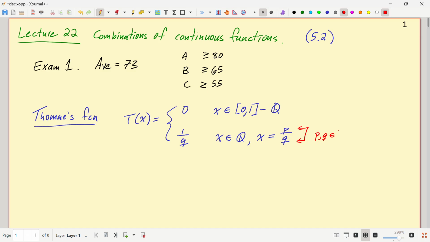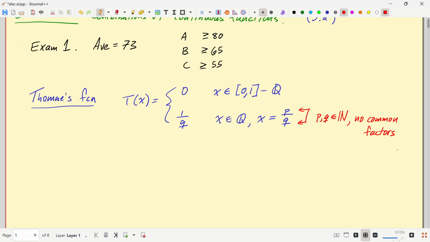So that would be natural numbers, no common factors. And of course, 0 and 1 are kind of exceptional. T of 0 is 1, and t of 1 is 1.